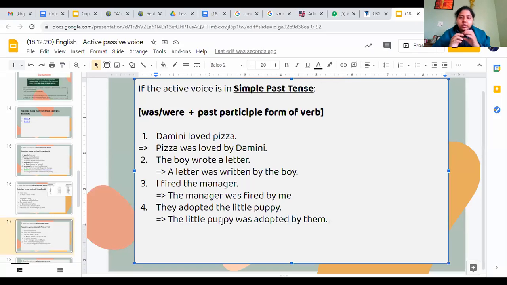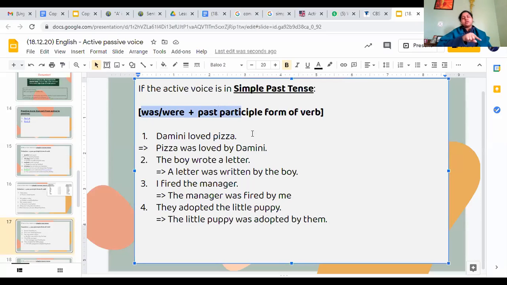So only thing you have to do is identify which tense it is in, because abhi hum kya kar rahe hain, because I've broken it down into the tenses. I am giving you sentences which are already in simple past tense. You already know कि ये simple past tense में है, तो इसमें यही was, were and past participle लगेगा. Now, when you get in the exam, the only thing you have to do is identify in what tense the sentence is. Is it simple past? Is it past continuous?